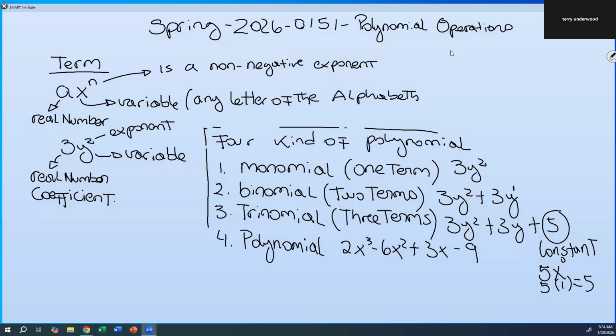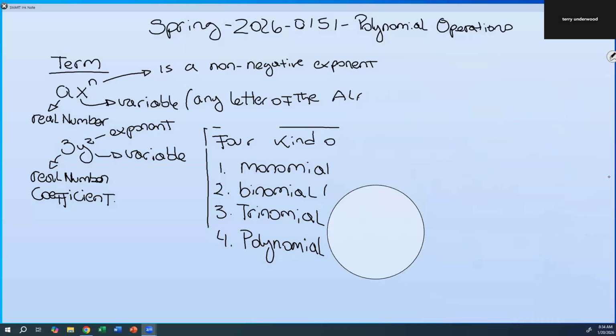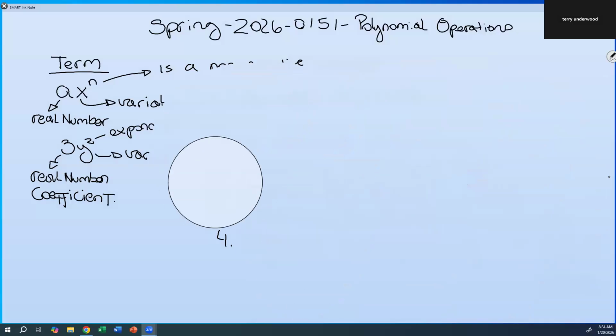Only polynomial. Well, with this introduction, I'm recording this for you. You can go back and check and do your notes accordingly. You know, note takers are always test makers.